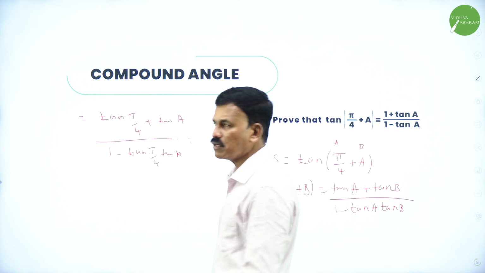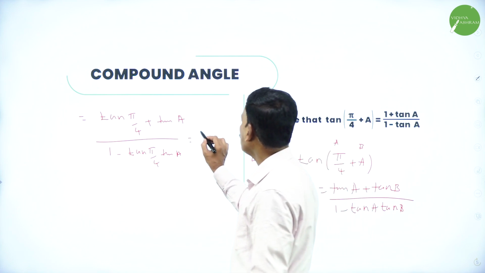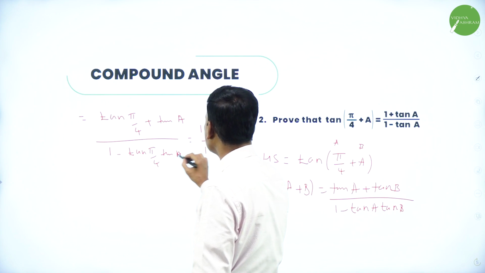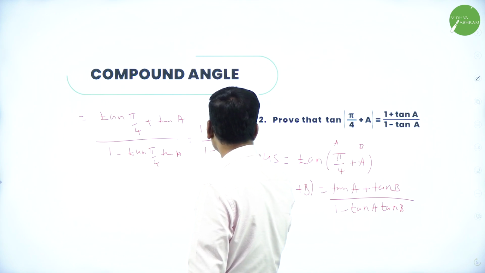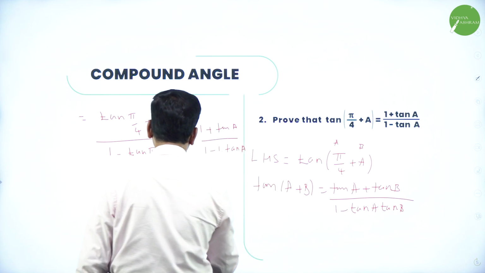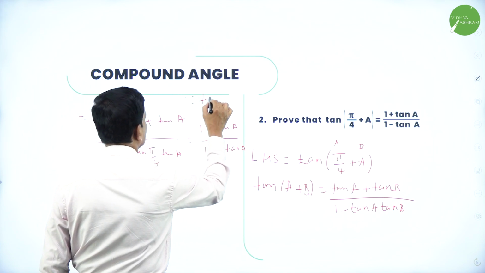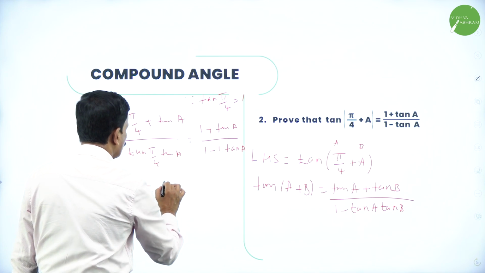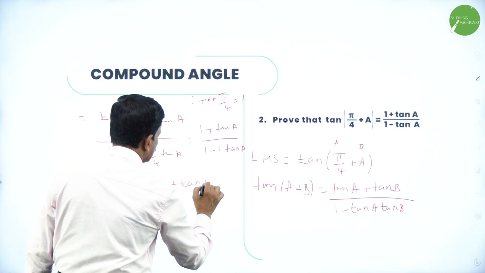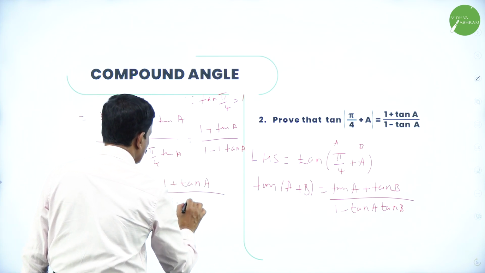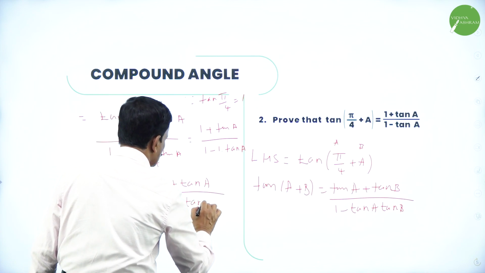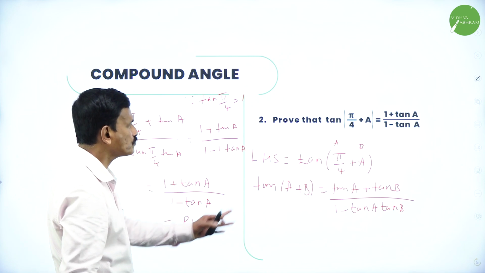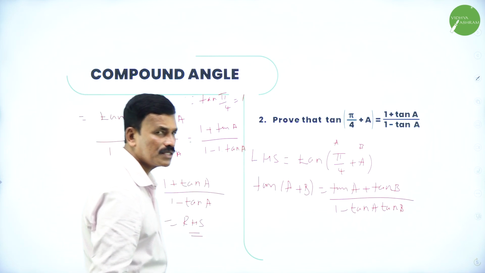Now substitute the value. You know what tan 45 is? Tan 45 is 1, since tan pi by 4 is equal to 1. So therefore (1 plus tan A) divided by (1 minus 1 into tan A), which is the required RHS, (1 plus tan A) divided by (1 minus tan A).